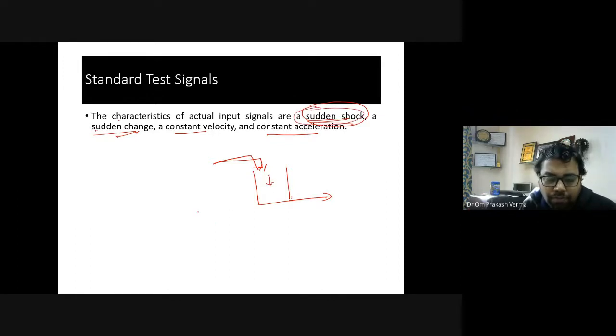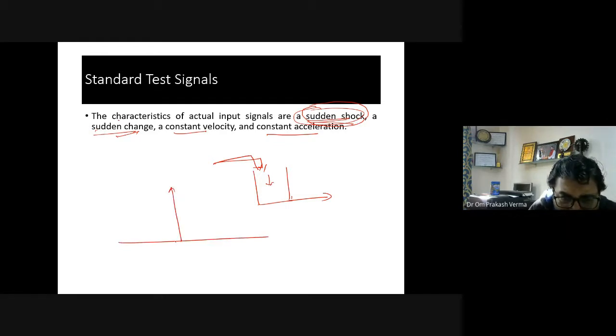Yes or no? I am saying the time is very small. Let's say this is the time frame, at t equal to 0. In a very short time you have to pour a very large volume.